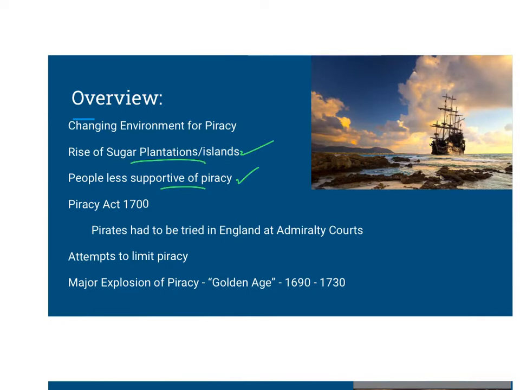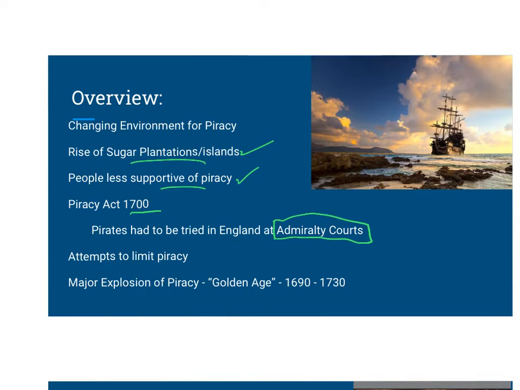And now we'll see the Piracy Act of 1700, which is going to create the use of admiralty courts for pirates, right? And this goes back to the same notion of why they had the admiralty courts in, say, the colonies pre-American Revolution, if you remember that from American history class. The idea was that the admiralty courts, naval courts, are going to be able to try these pirates in places where they won't have any support.